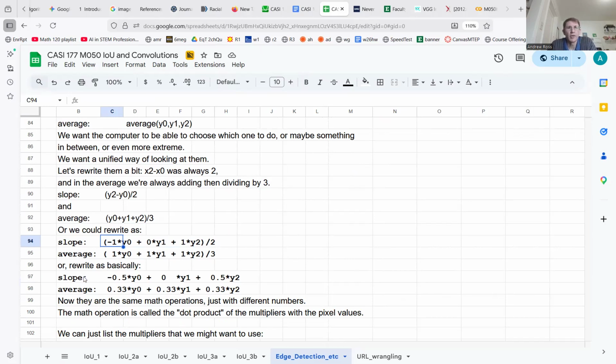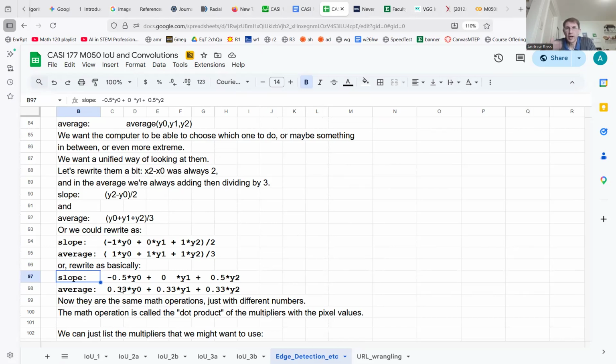So the slope is -1/2 times y0 plus 0 times y1 plus 1/2 times y2, or the average is 1/3 times y0 plus 1/3 times y1 plus 1/3 times y2. So now it's basically the same math operations, multiplying and adding, but just with different numbers.